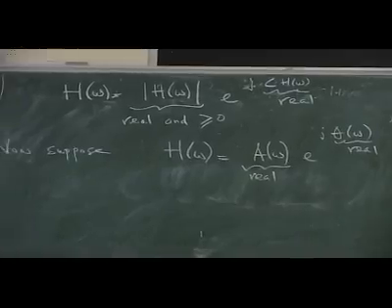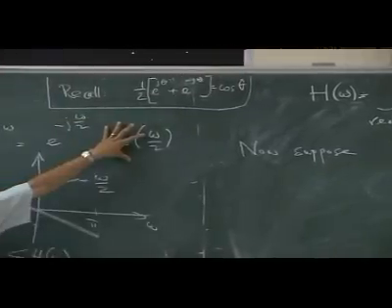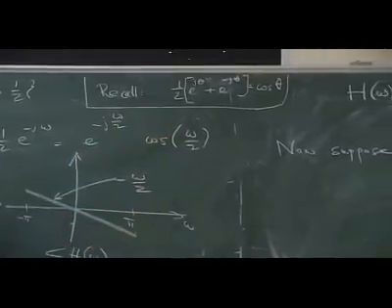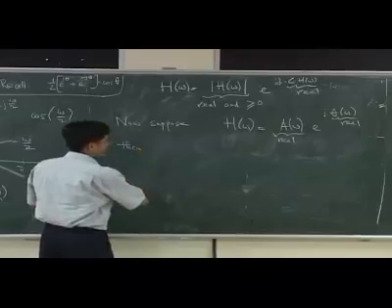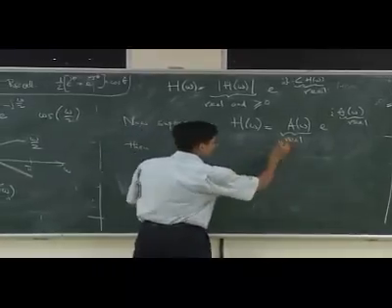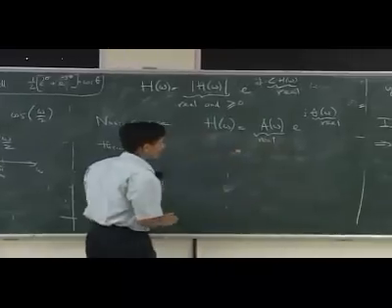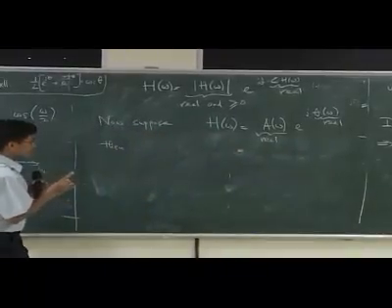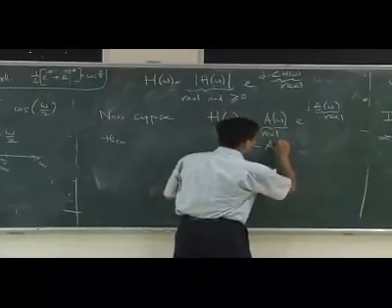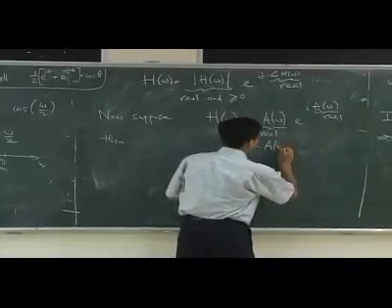But there's a case where this thing can dip. This part can go down to negative. Then if that was the case, I can write this thing as equal to, in the case of negative, minus A of omega.